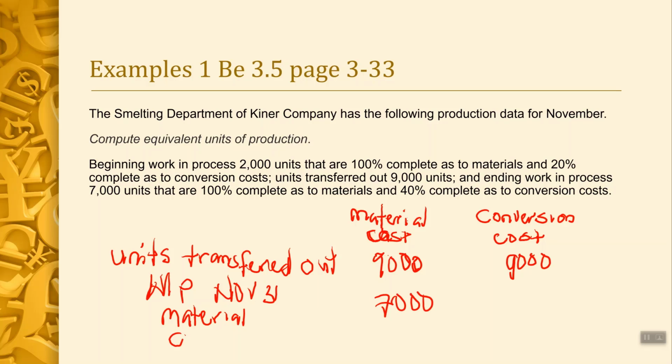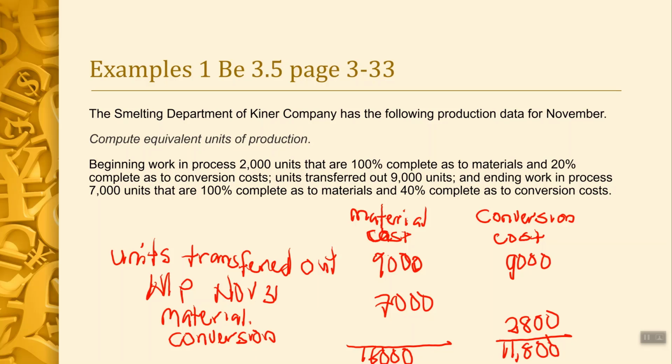For conversion cost, which is your labor cost plus your manufacturing overhead, we are told that it's 40% complete. 40% of the 7,000 should give you 2,800. When we add, the equivalent units for material is 16,000, and for conversion cost is 11,800, and that ends number 1. I hope we got the same thing.